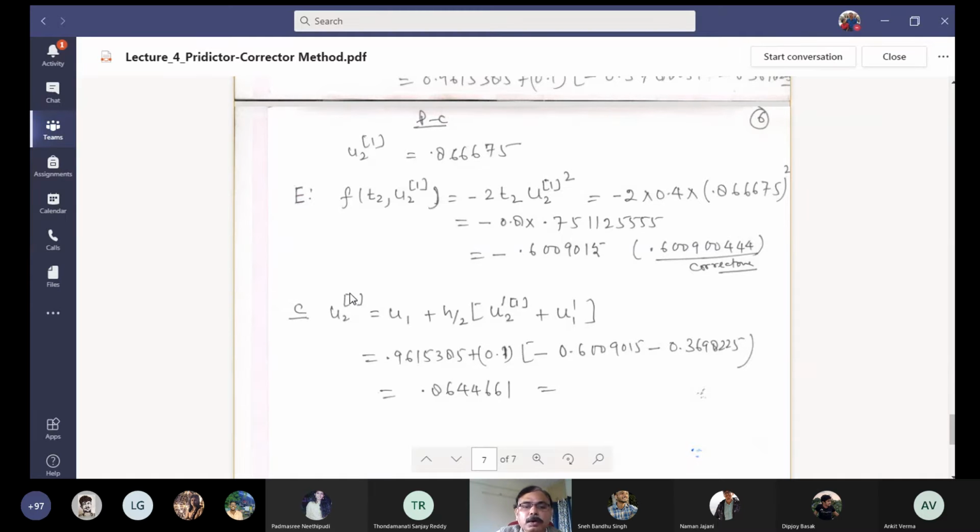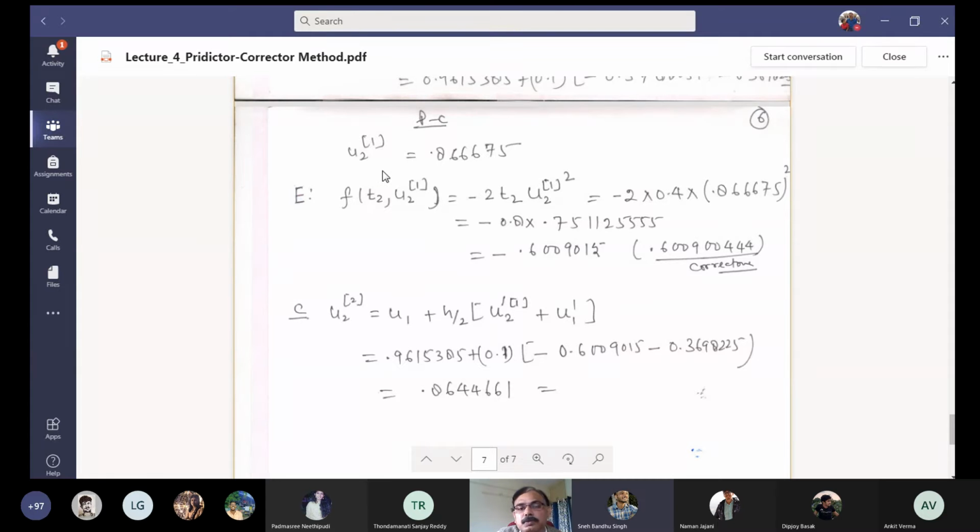So U22 will be calculated through the earlier improved value U21. So U22 will be U1 using your implicit method, U1 plus average slope at U2, but the U2 value will be taken as the previous value, that is, the previous available improved value.